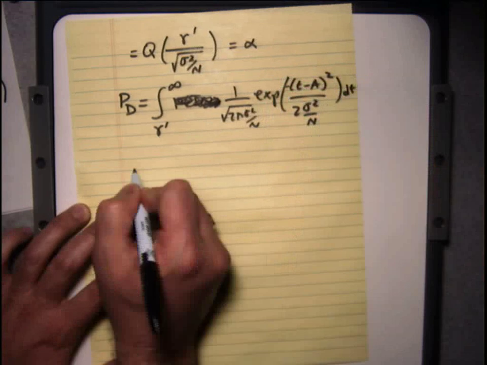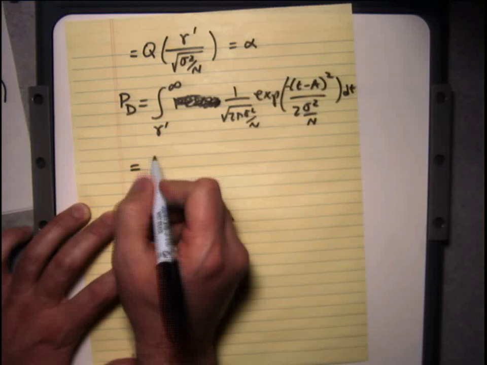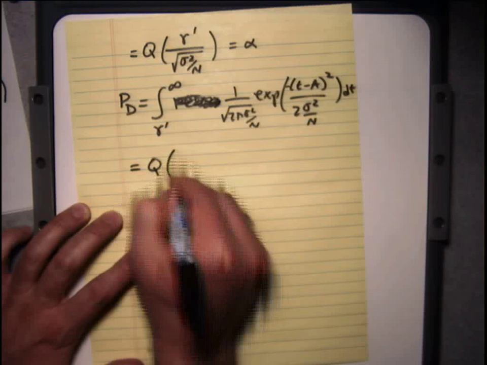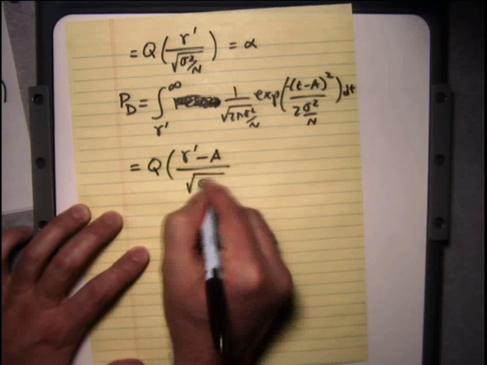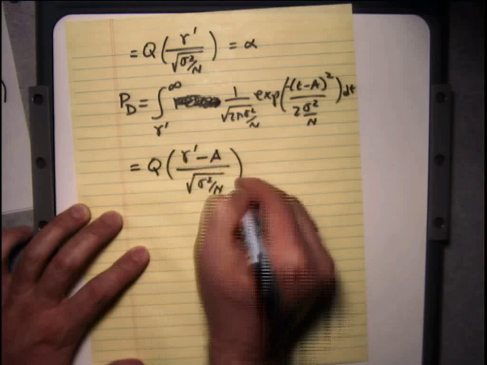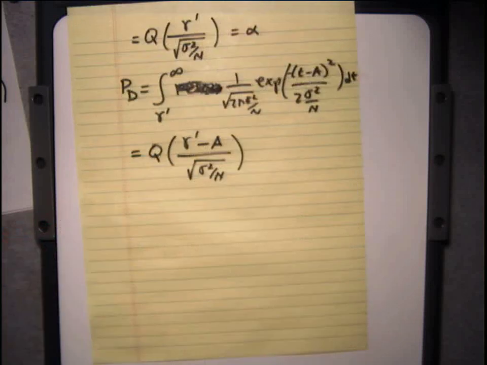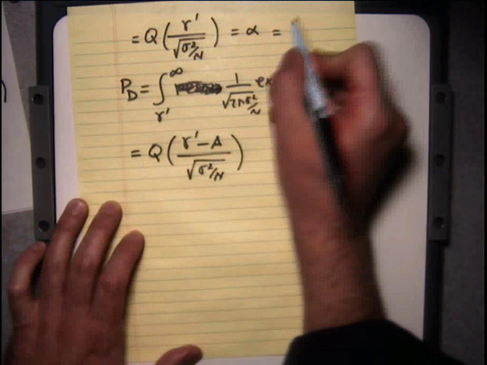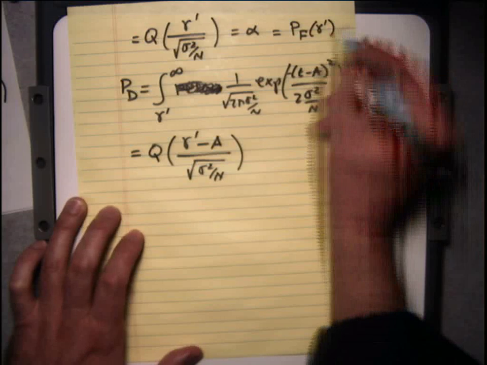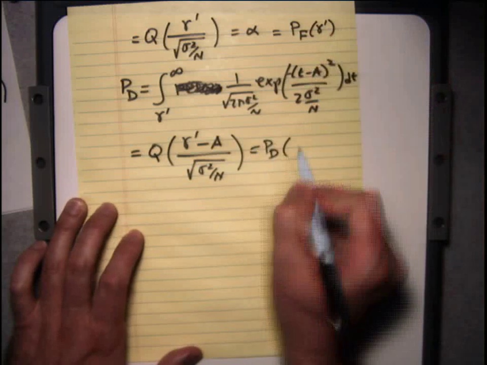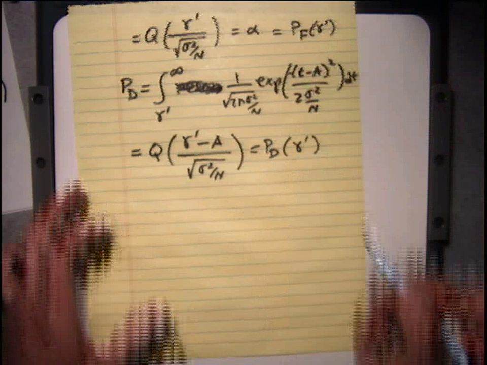And then we write this again as a Q function. It's Q of gamma prime minus a divided by the square root of sigma squared over n. So this was the false alarm, a function of gamma prime, and this is the PD as a function of gamma prime.